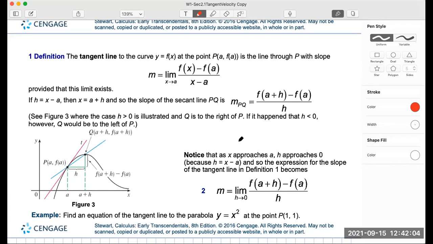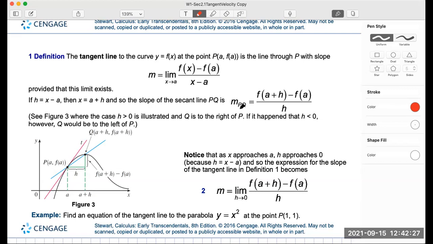Another way to think about this, look at this. When x approaches a, it comes closer and closer, right? Assume that the distance x minus a here is a small h. Then we can write this limit in another way.